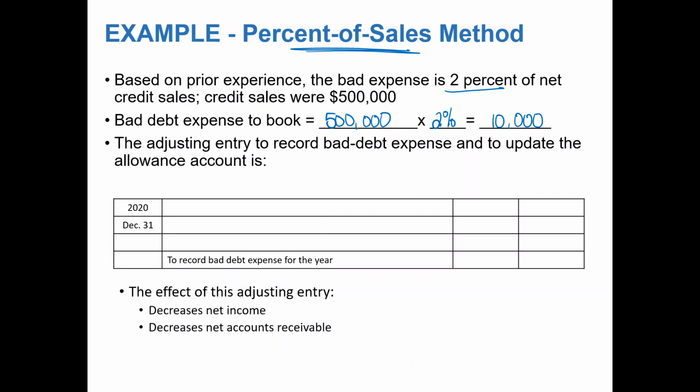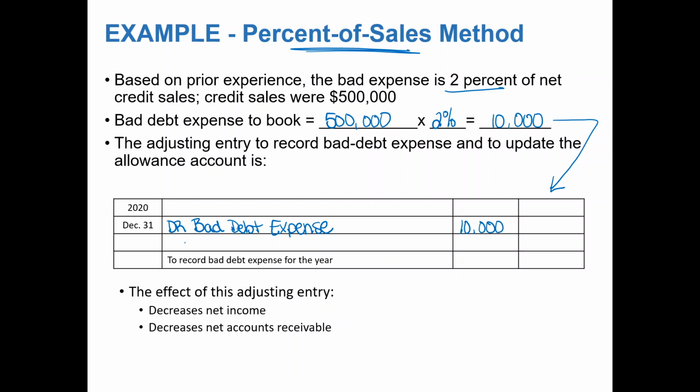So the adjusting entry that we record here to record bad debt expense and update that allowance, we will debit bad debt expense. So we're increasing that expense, and we're using the $10,000 that we calculated.